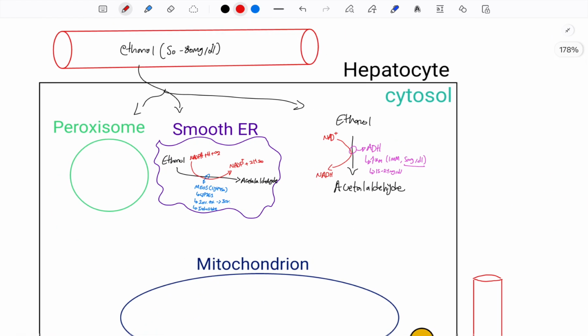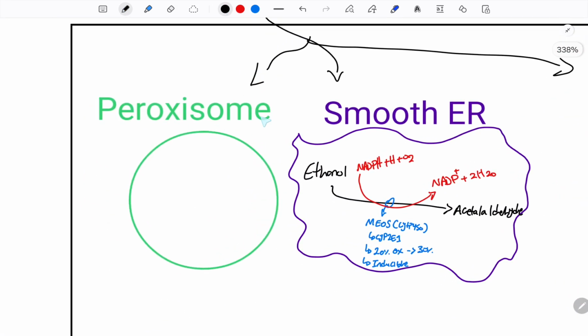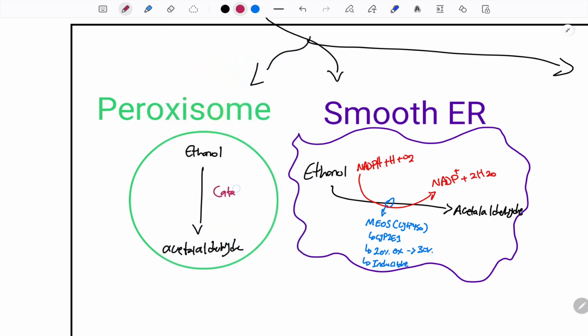The last one that can occur, and I debated whether I should put this in or not, but it's good to know all the details, is that the ethanol can go into the peroxisome, where ethanol can again be converted into acetaldehyde. But in this scenario, there is a special enzyme called catalase inside of the peroxisome.